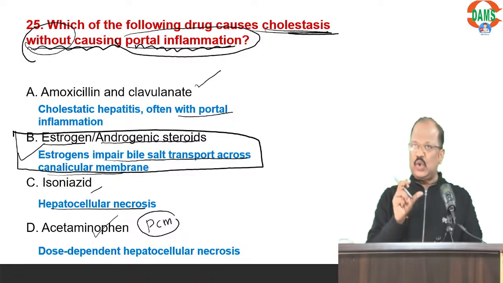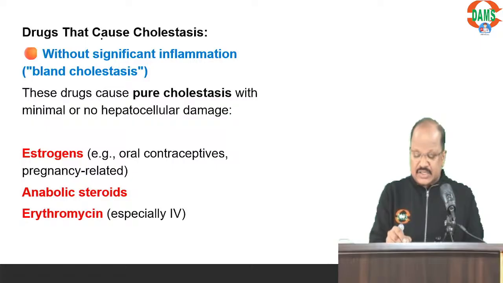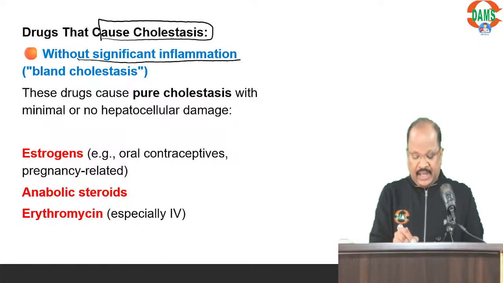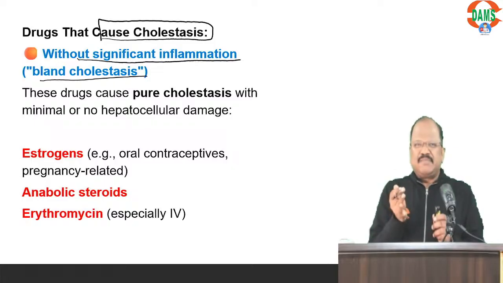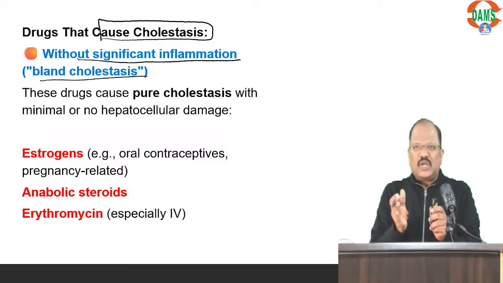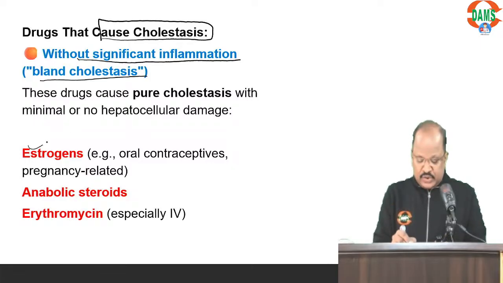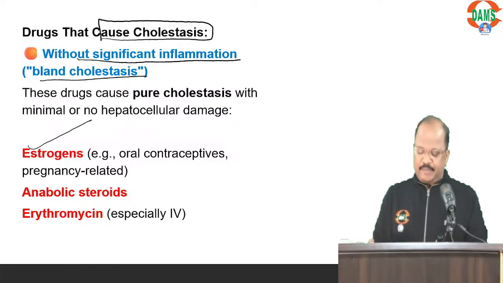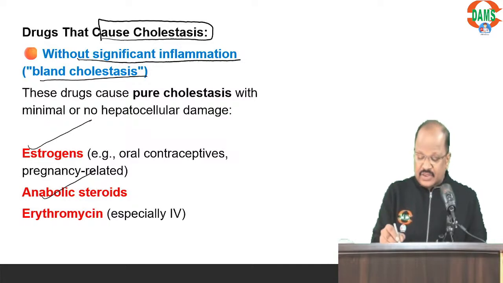In fact, you should know the drugs that cause cholestasis without significant inflammation: mainly estrogens like the oral contraceptive pill, anabolic steroids, IV erythromycin. They cause cholestasis without portal inflammation.